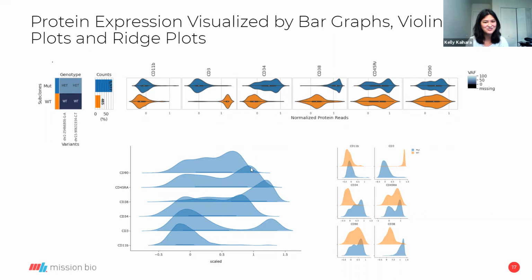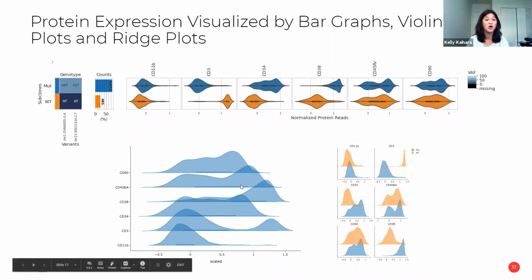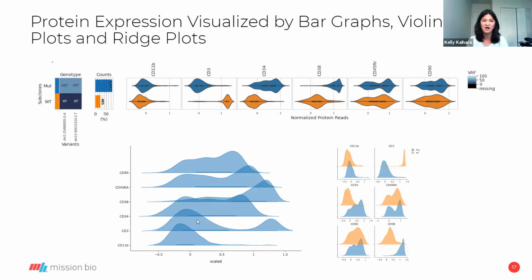Along with violin plots, we have ridge plots. And I think ridge plots are really beautiful. So if we look at CD3, and this is across all cells, you can see this really nice bimodal expression where you have a population of cells that express CD3 and you have a population of cells that don't express CD3. And it's very binary, off or on.